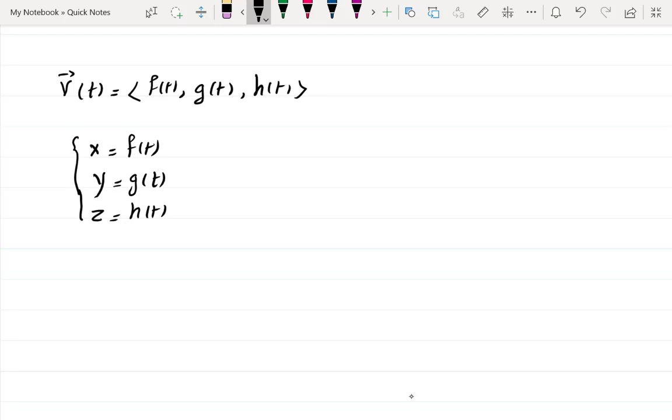And if we can find a relation between x, y, and z in such a way that t is omitted, the equation which is written just by x, y, and z is called the Cartesian form of the vector function.